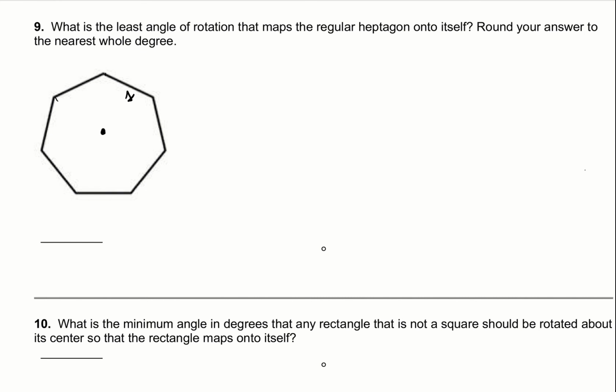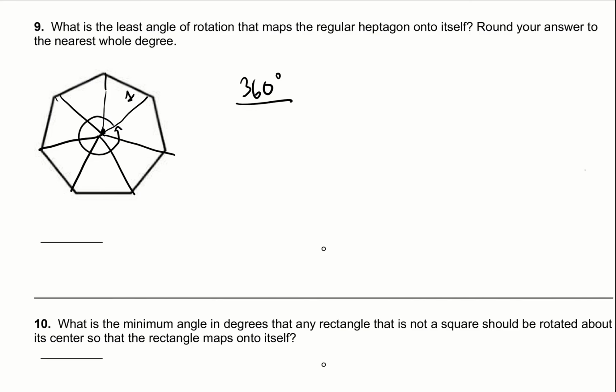So how do I figure out that angle? Since it's a heptagon, there are 7 sides, and therefore 7 sectors. We know that if we do a full 360 degree motion, we'll go back to where we started.